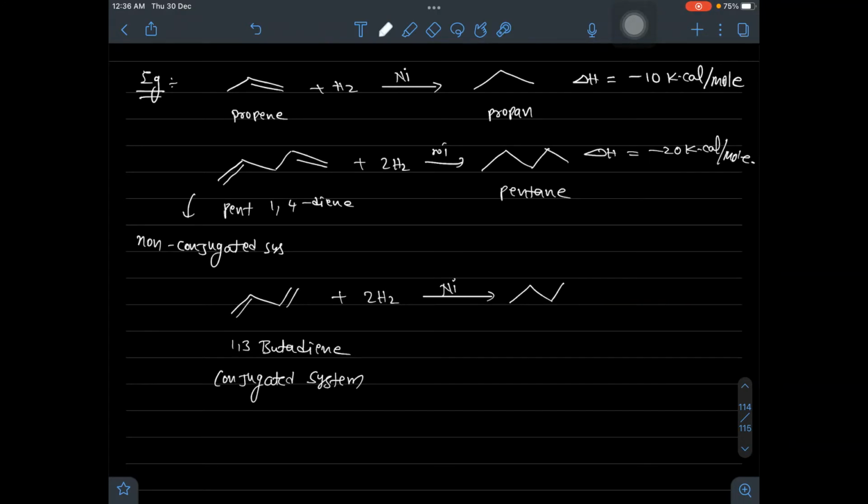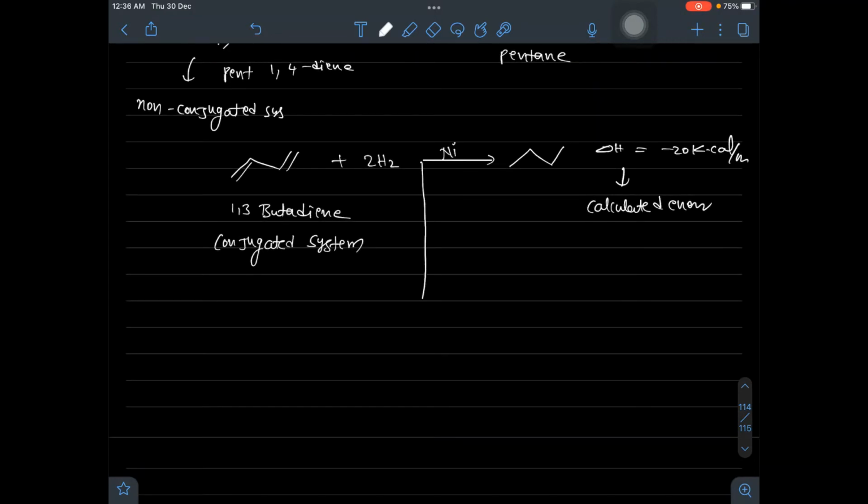This is the calculated part. The enthalpy of reaction is minus 20 kilocalories per mole. This is the calculated energy. But the experimental value, leading to the formation of butane, the heat of hydrogenation, is minus 15 kilocalories per mole.